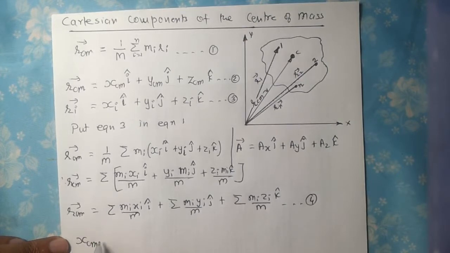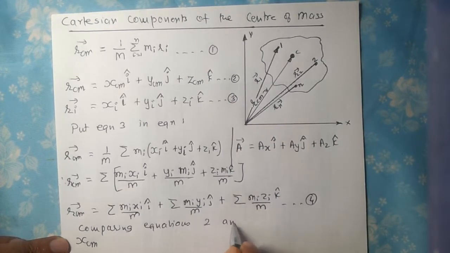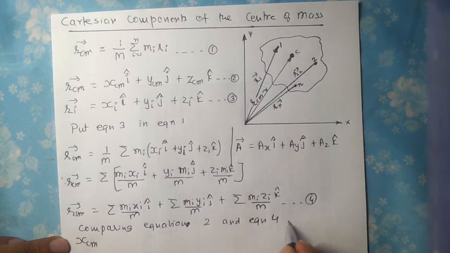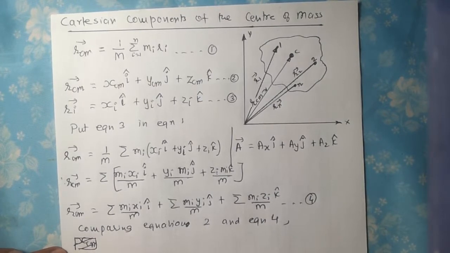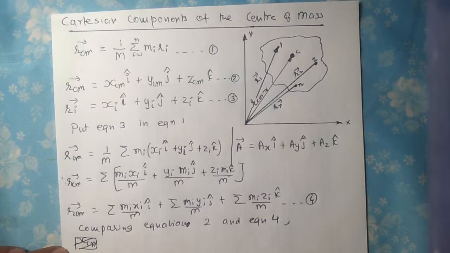So comparing equation 2 and equation 4, XCM is equal to 1 upon M sigma of mi xi, i is equal to 1 to n.